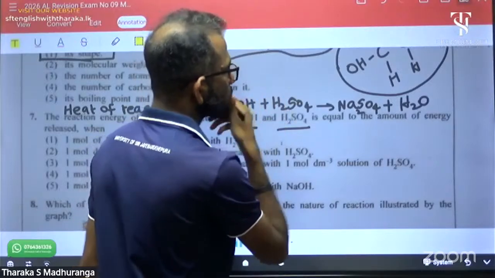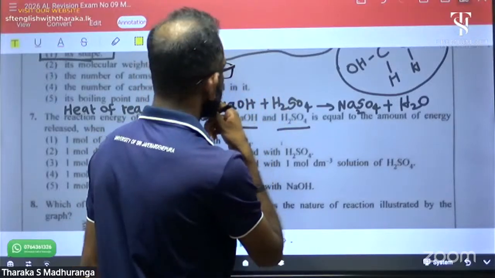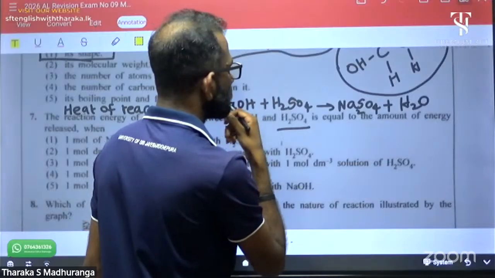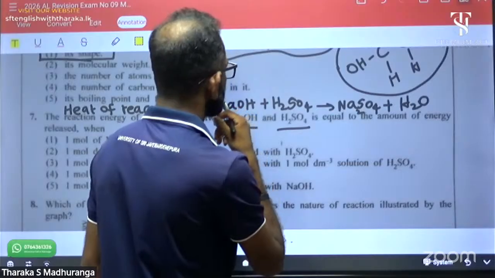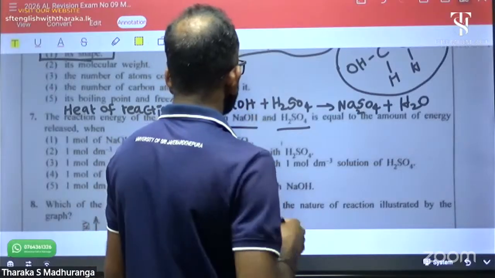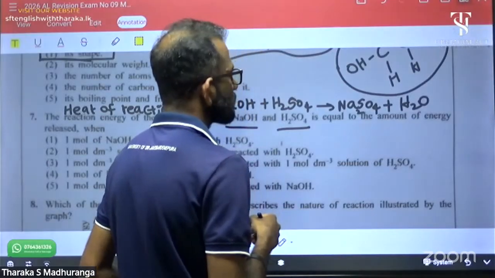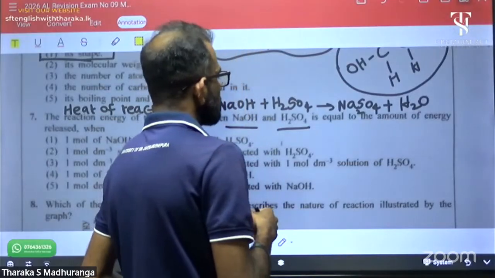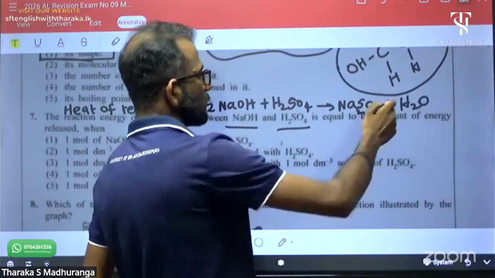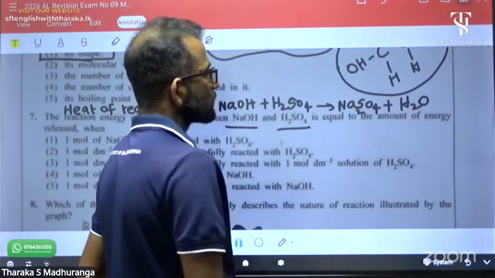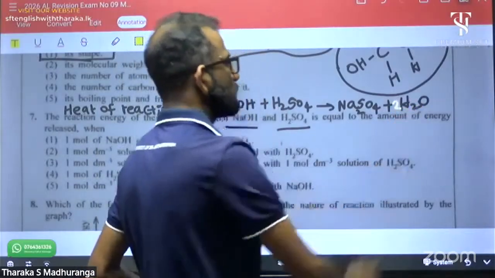Now balance oxygen, sulfur, and hydrogen. Now this hydrogen also you can balance. It is 4, so you can add 2 here.